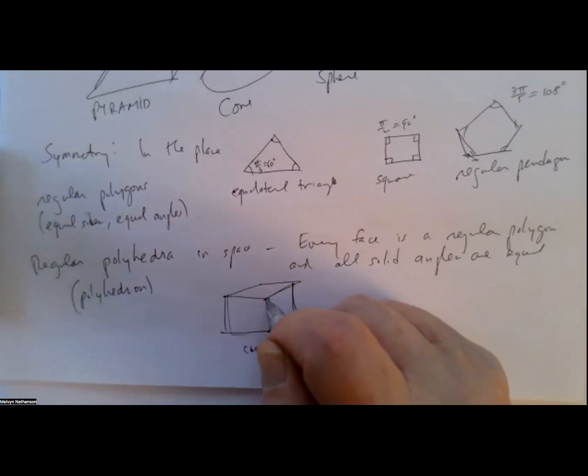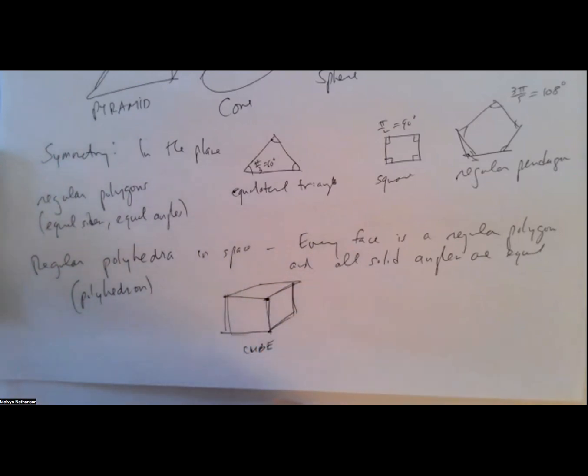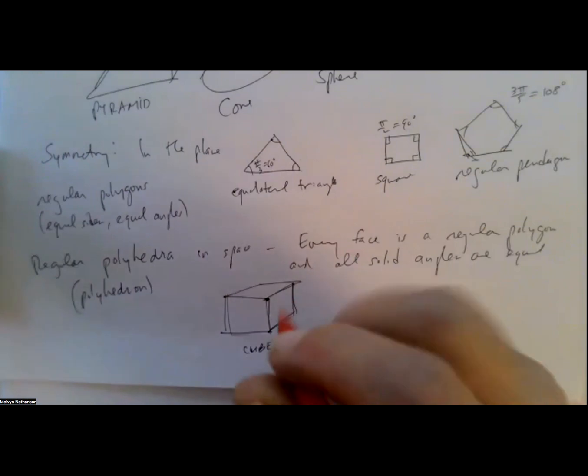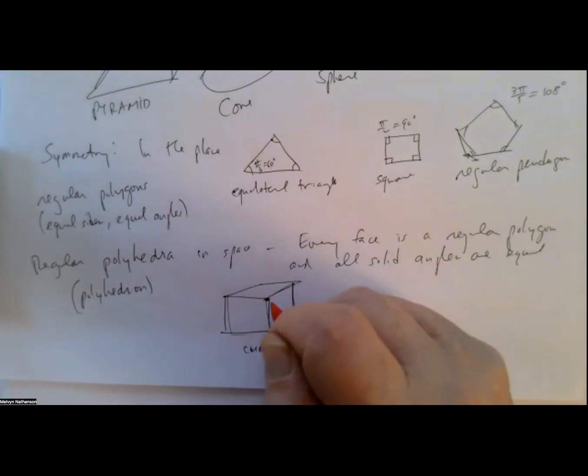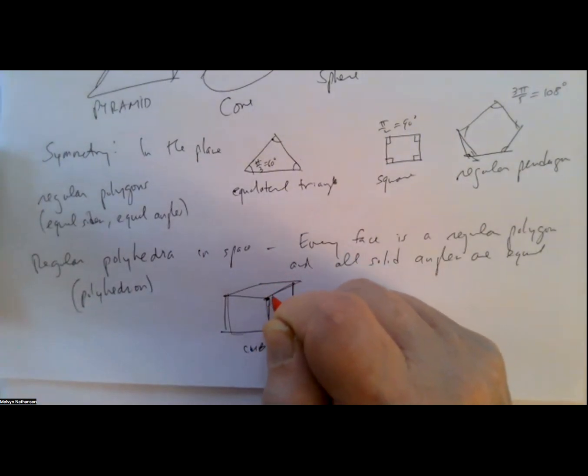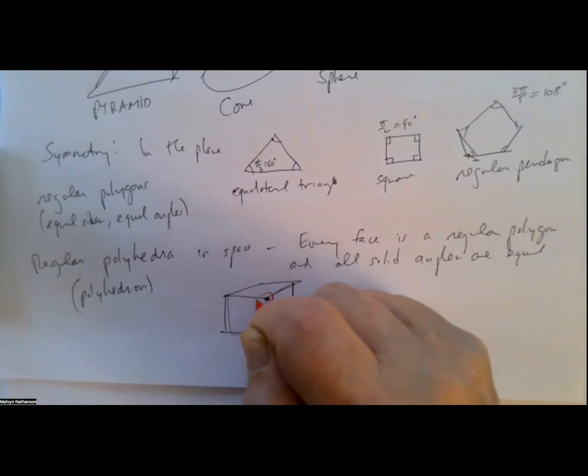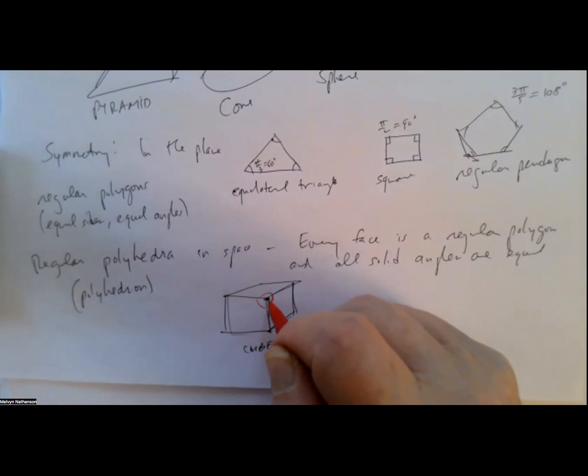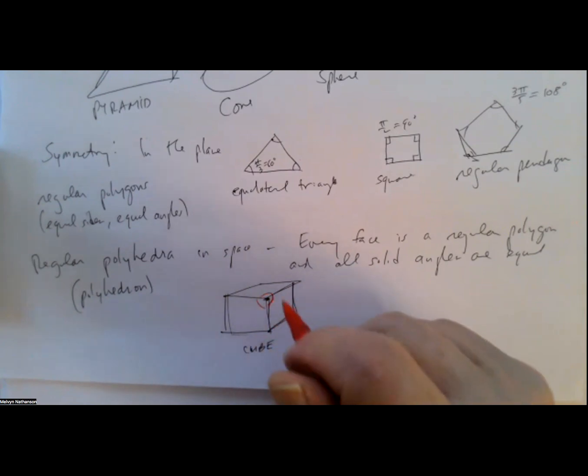What does it mean to have a solid angle at a vertex? At a vertex, you have different faces that are adjacent to that vertex. And each face is a polygon in 2 dimensions, so it has an angle. Here's an angle, here's an angle, here's an angle. And the sum of those 3 angles is the solid angle.